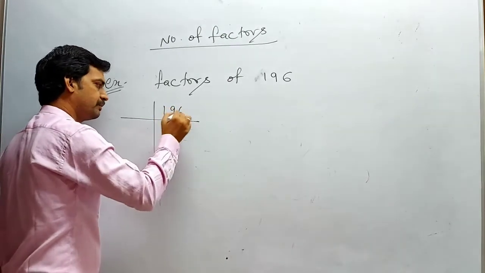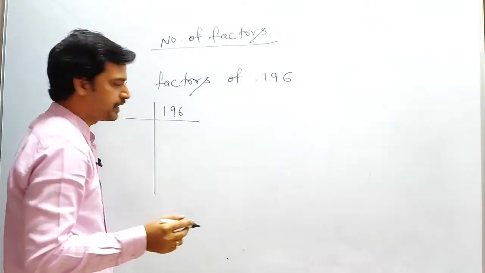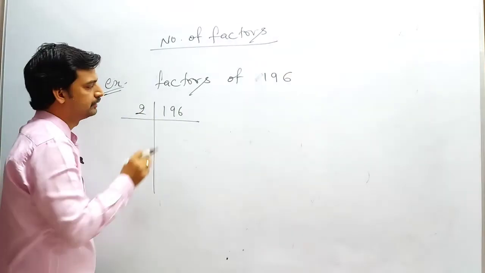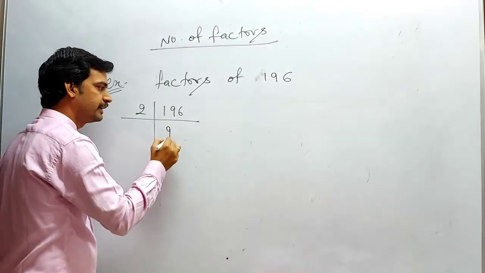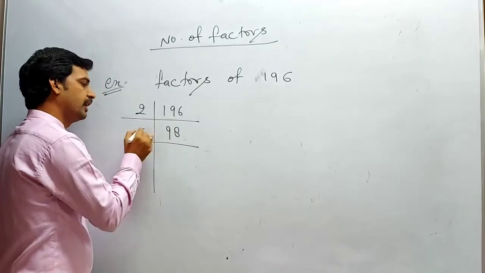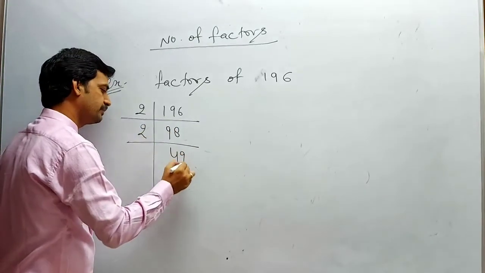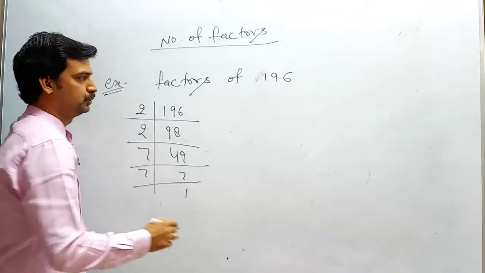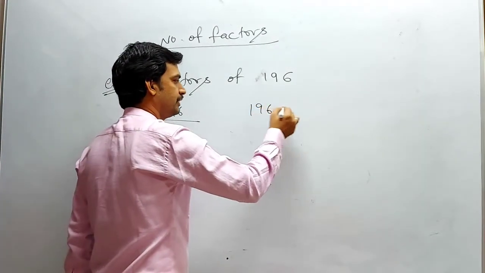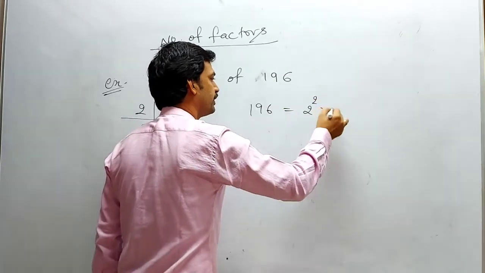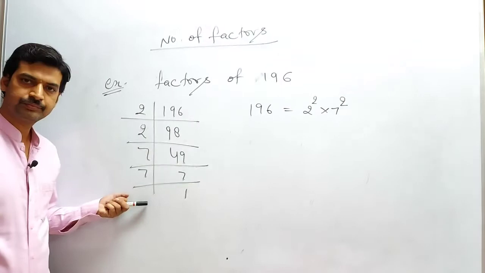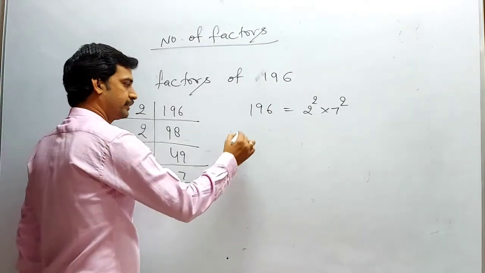If you can identify the number directly, 196 is the square of 14. So we can write it in this way also, but I'm doing the factorization method. Divide by 2, 98; again by 2, 49; by 7, 7; and 7 is 1. So 196 can be written as 2 raised to 2 and 7 raised to 2. Clear? This way.